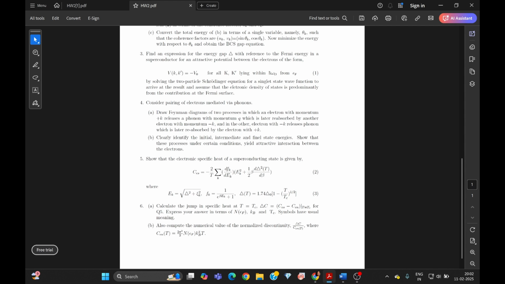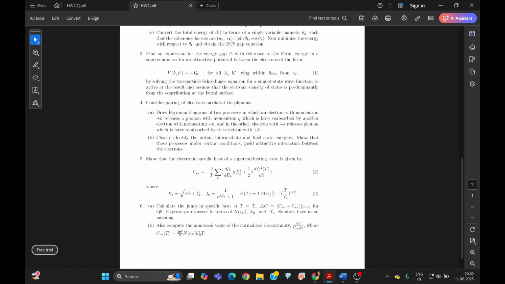Now, if we want to look into the physical interpretation, we can tell that at low temperature the specific heat should decrease and it can go to zero, right? This is because the quasi-particles are thermally excited only above the energy gap.